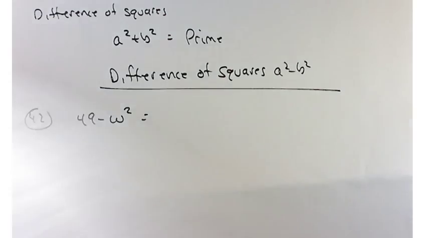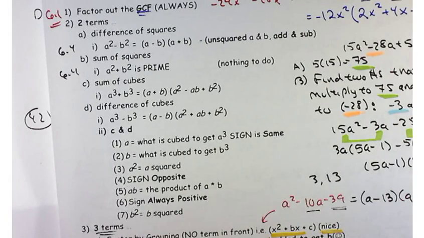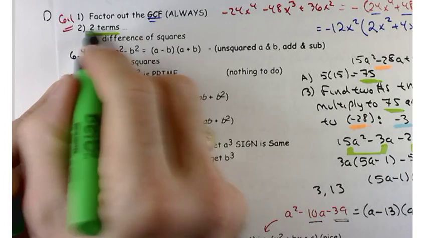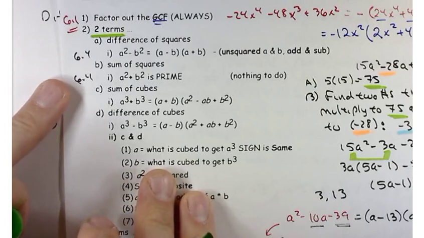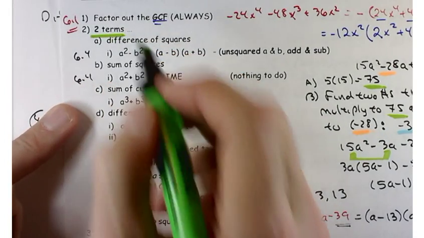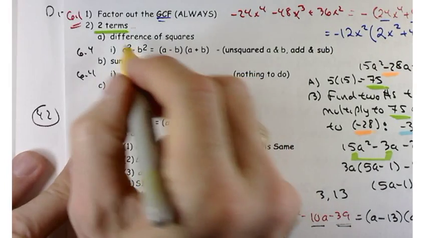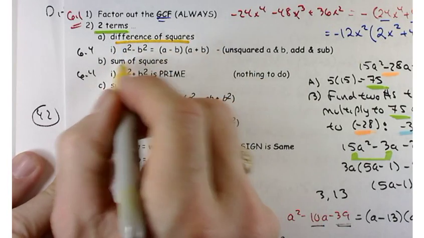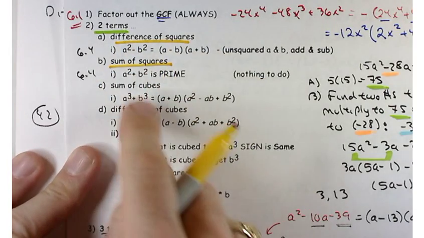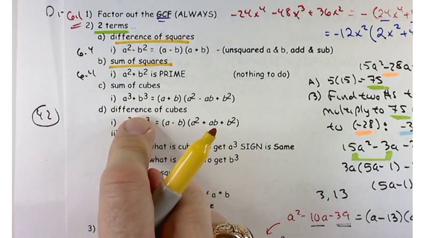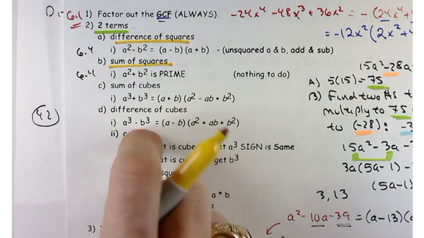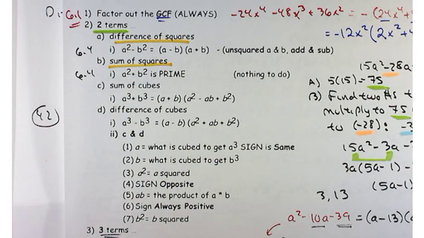It could be the difference of squares, or the sum of squares, sum of cubes, or the difference of cubes. We haven't done this yet. That's section 6.5. But there's a limited number of things you can try. You can't do factoring by grouping because there's only two terms. You can't factor it as a trinomial. There's only two terms. So it narrows down the list of things you want to try.